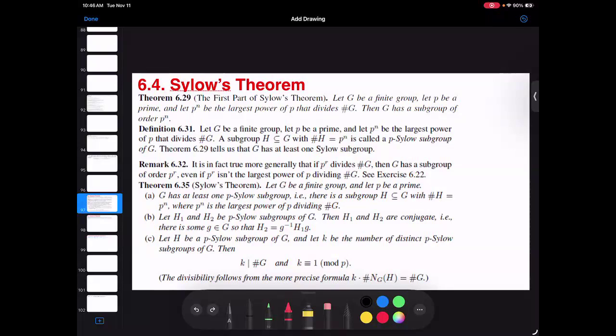I want you to be able to do one calculation like this. But the really useful part is part C, which gives you some idea of how many Sylow subgroups you can have. By playing certain games like this, you can frequently use it to figure out just how many possibilities there are for the group. And if you're really lucky, there'll only be one possibility.